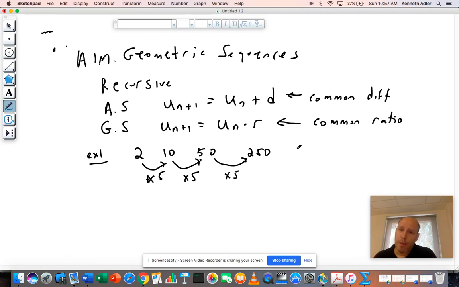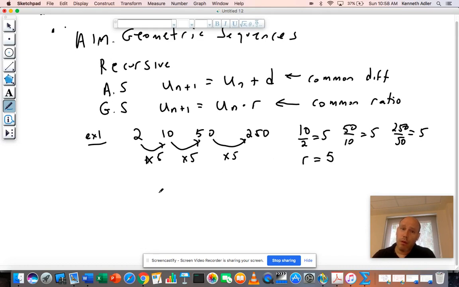The fancy way might be, wait a minute, 10 divided by 2 is 5, and 50 divided by 10 is 5, and 250 divided by 50 is also 5. So our common ratio is 5. That's the fancy way.